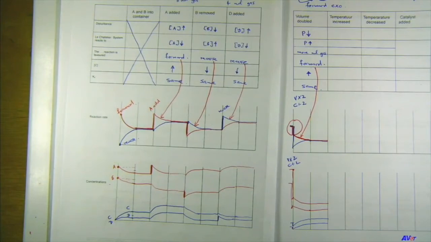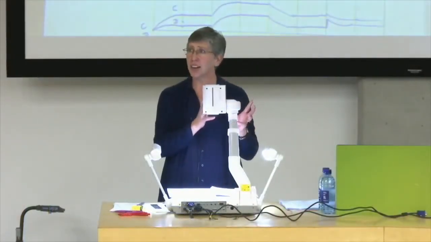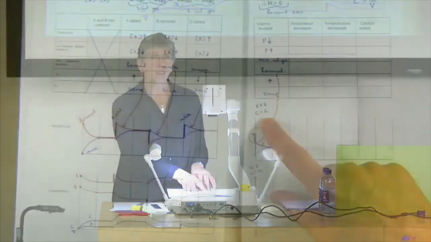Is it difficult? But if you think about it the right way, then you're fine. If you're working with volume and Le Chatelier, you have to think pressure. But when you get to graphs, you have to think concentration. So if the volume doubles, the concentration halves.